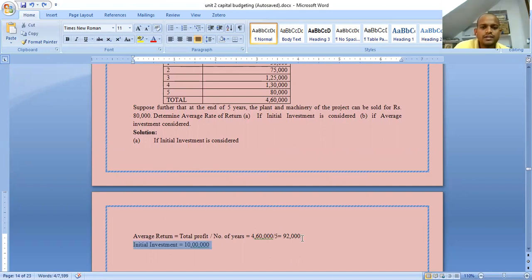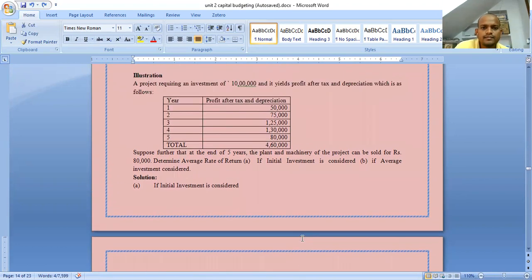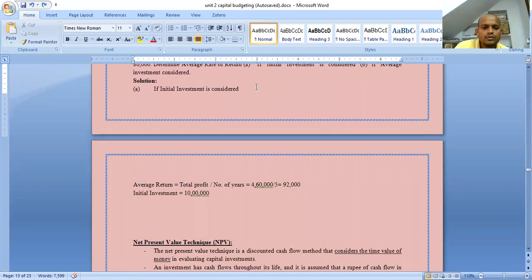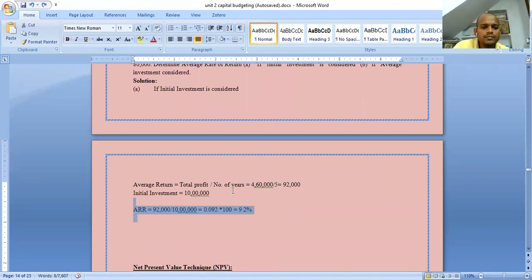The initial investment is 10 lakhs. So average return by initial investment is 9.2 percent. The accounting rate of return is 9.2 percent in the first case.